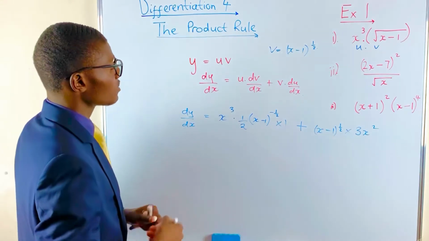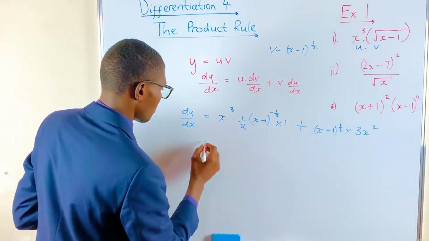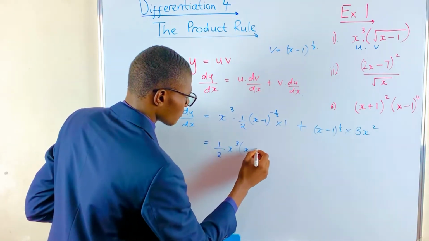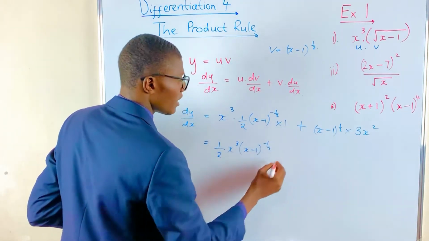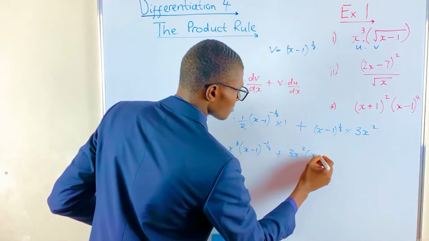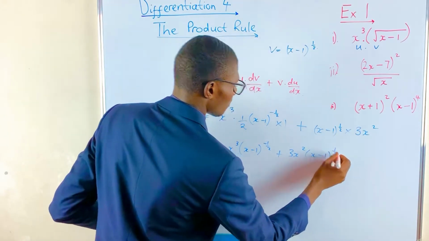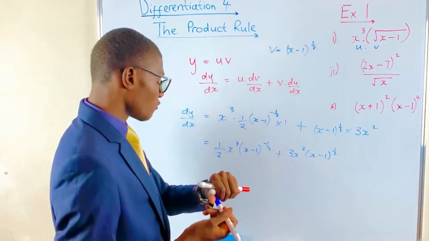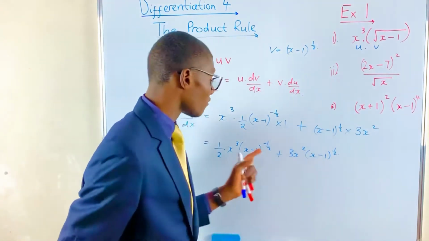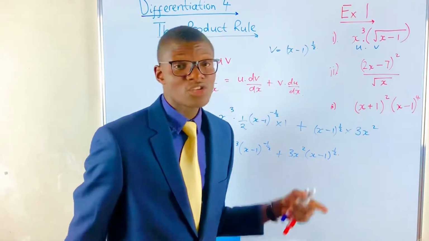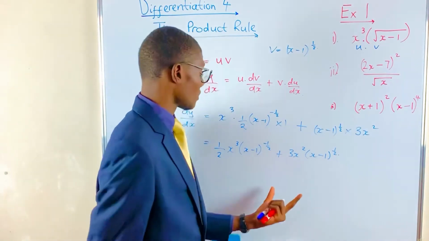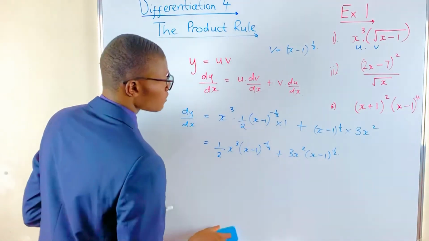Then we simplify this to 1 over 2 x to the power of 3 times x minus 1 raised to the power of minus half, plus 3x squared times x minus 1 raised to the power of half. So this will be the answer. Of course, you can decide to put this in the denominator and remove the power of half by putting the square root sign, and the other part is the numerator. So now this is what we get. Now let's quickly move on to the second example.